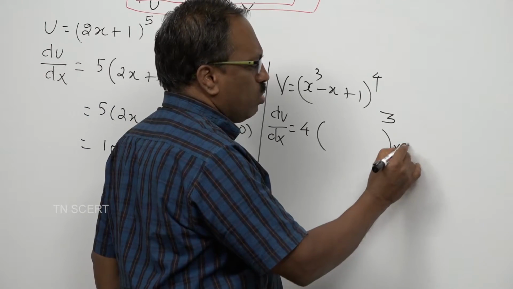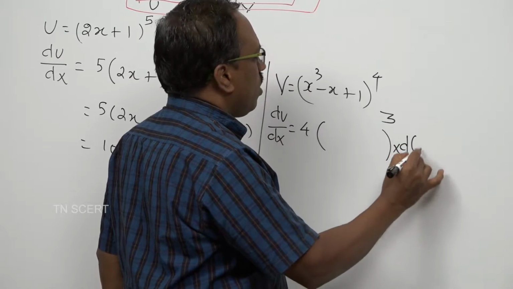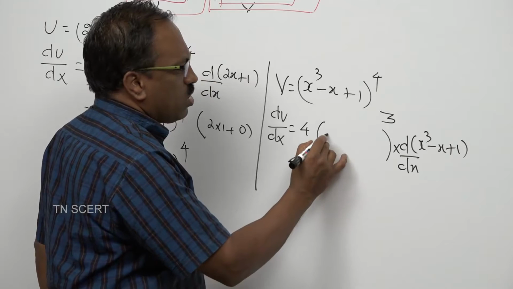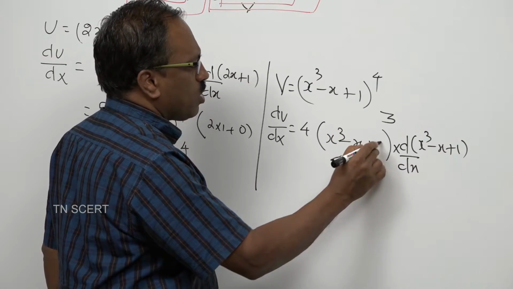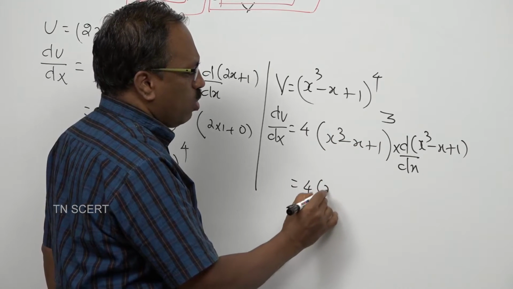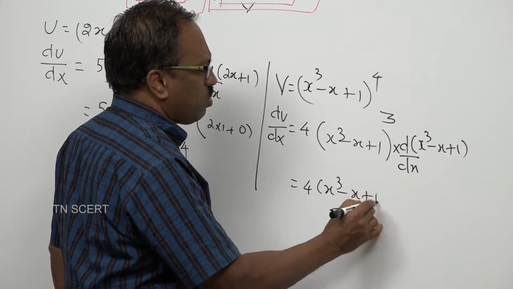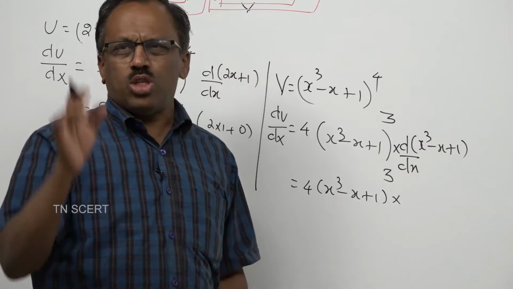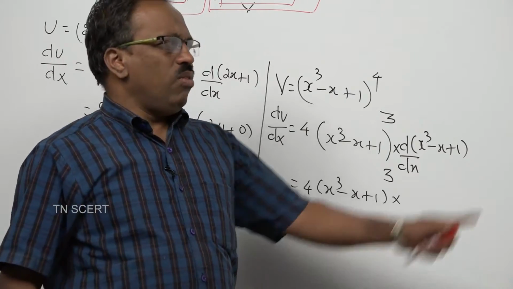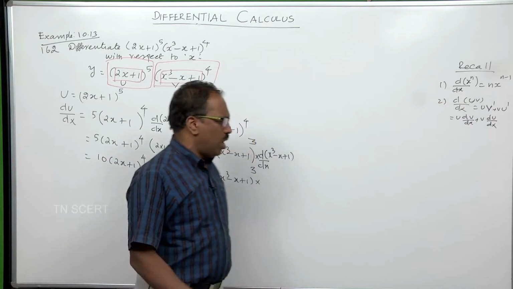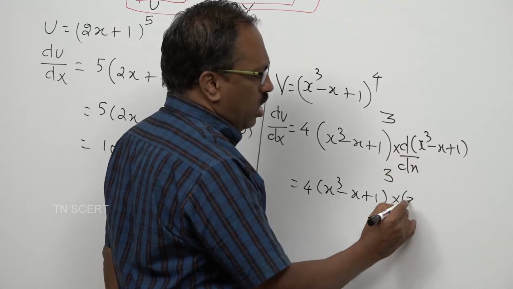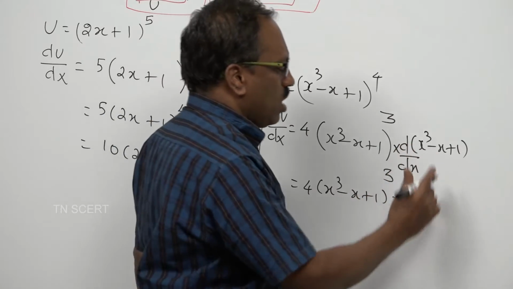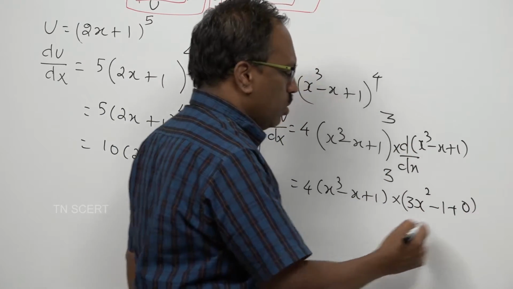So you put into d by dx of (x cube minus x plus 1). So 4 into (x cube minus x plus 1) whole power 3. Now this x cube differentiation is what? Yes, you make use of this algebraic formula. So you write 3x squared, the reduction, and then x is 1 and then 0.